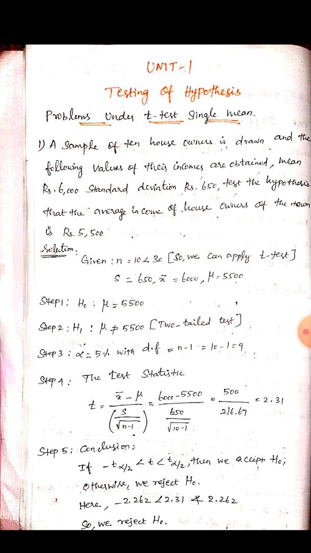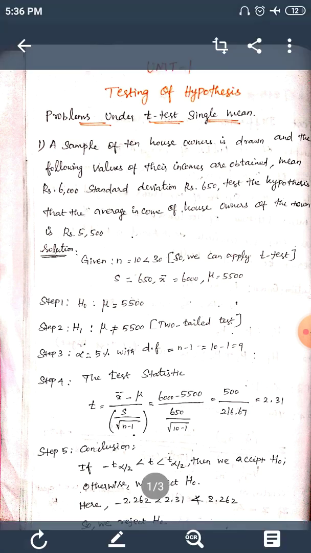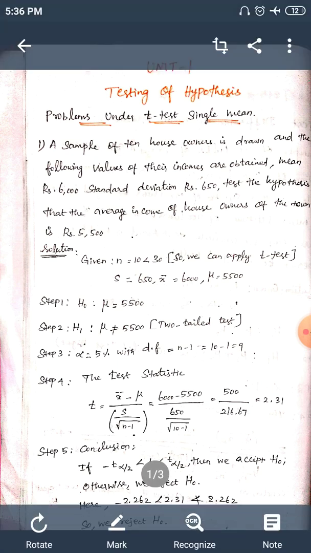Problem number 1: a sample of 10 houses, so here n equals 10. Ten house owners are drawn, and the values of their incomes are obtained. Here the mean is rupees 6,000 and the standard deviation is 650. We are asked to test the hypothesis that the average income of house owners of the town is rupees 5,500 or not.